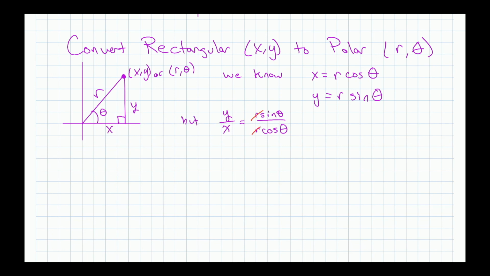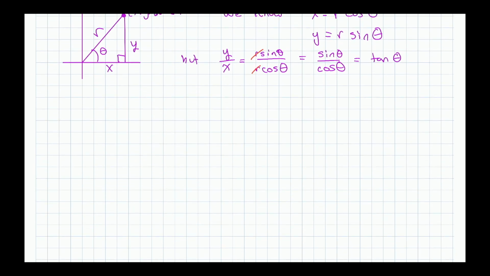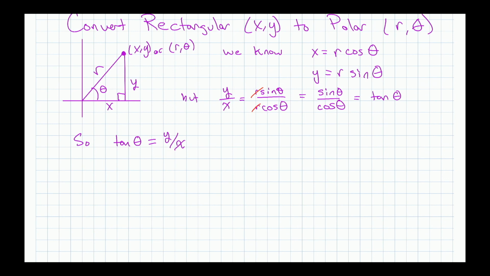It means you can cancel the r, which means you're left with just a sine over a cosine, and a sine over a cosine is a tangent. Okay, so what we can have is that the tangent of theta is equal to y over x. Okay, so that's one of the equations you need. Now, why do you want this one instead of what we have up here?